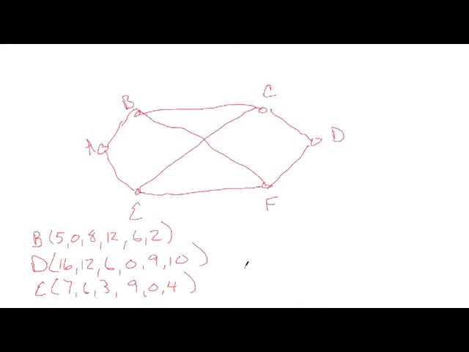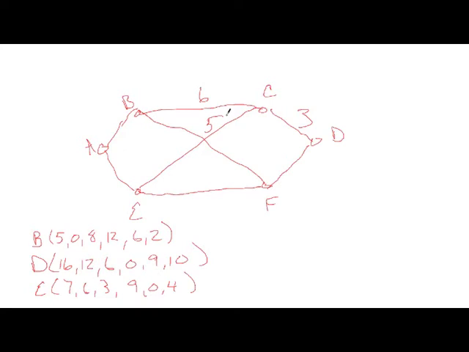Now it tells you that the cost from C to B, D, and E, and we'll just fill these in on the graph, is 6 to B, 3 goes to D, and E is 5.